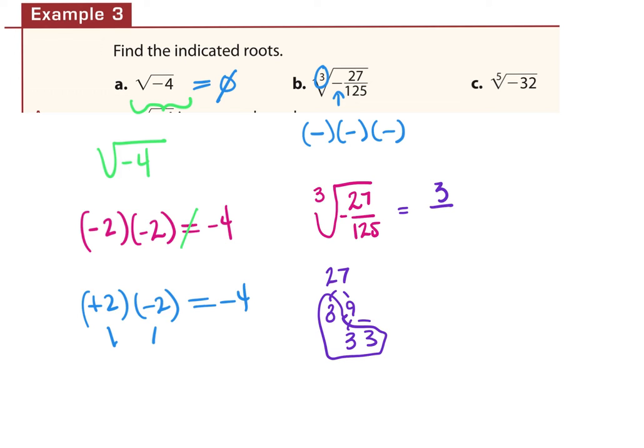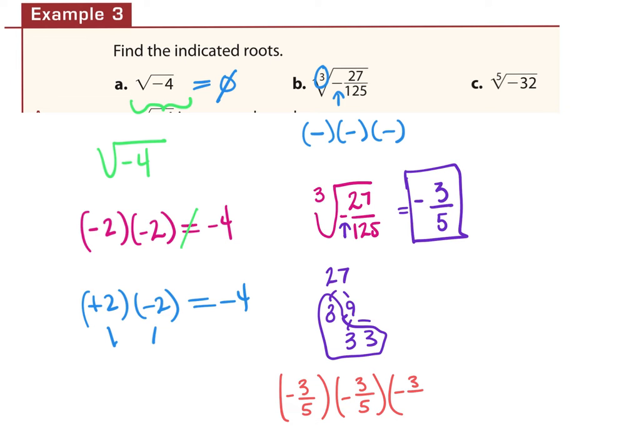What multiplies to give us 125? We just did it. It's 5. And because I specifically want a negative, my answer is -3/5. You can check these. What this is saying is that -3/5 times itself 3 times should equal -27 over 125.